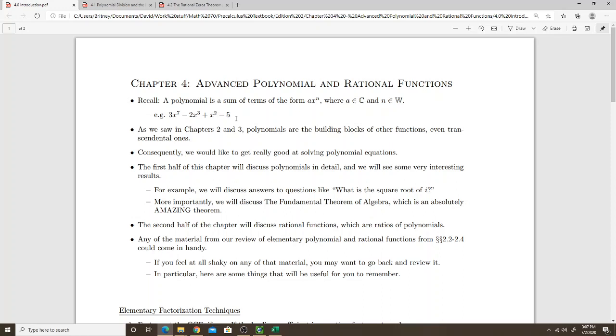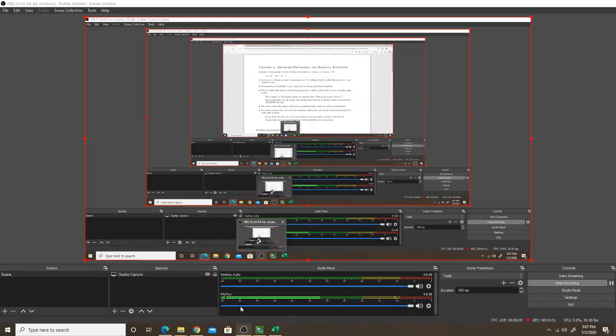Even transcendental functions can sometimes be written as infinite polynomials. And that's why we care about polynomials so much: they're really pretty fundamental to our understanding of mathematics in general. So I look forward to going over this chapter with you. We'll see you in 4.1.